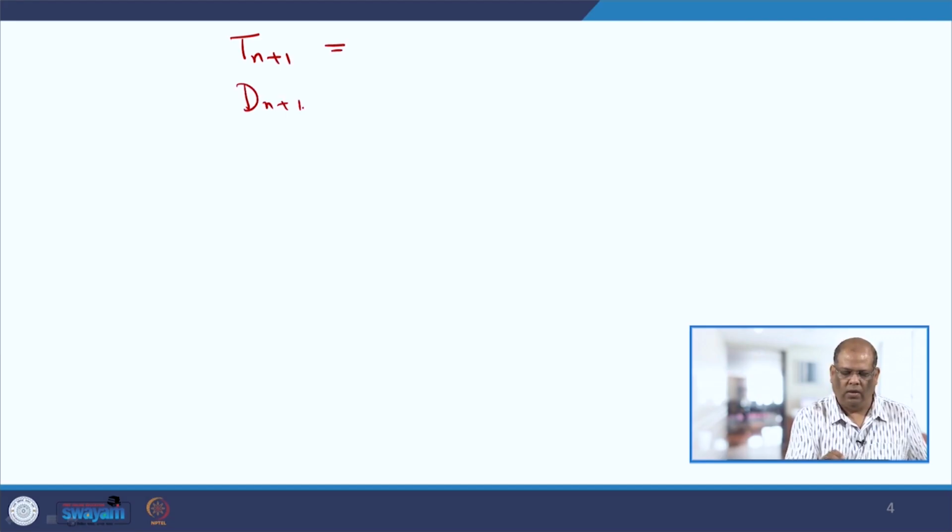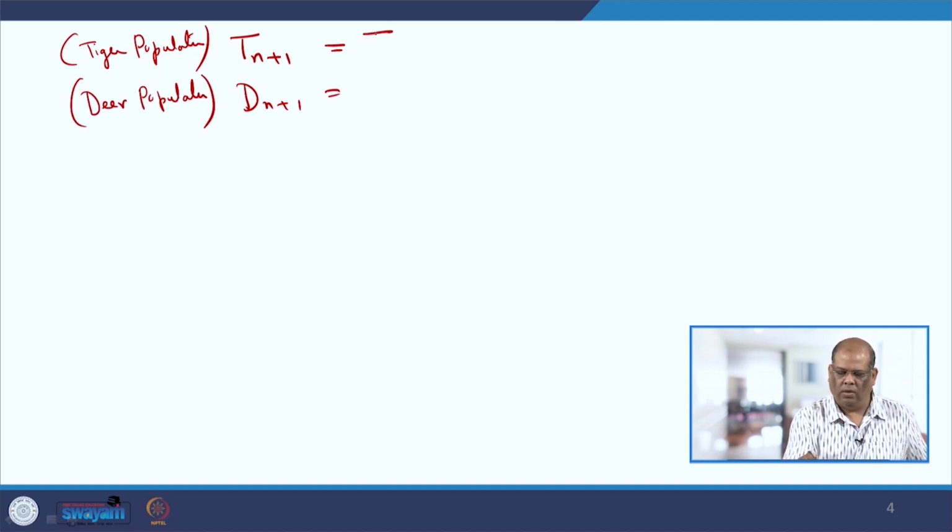Now, let us formulate the model. So, you have Tn plus 1, Dn plus 1. This is the tiger population and this is the deer population. This is the tiger at year n, the deer at year n.